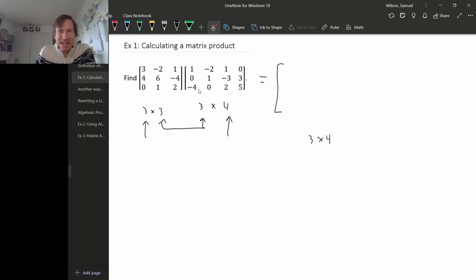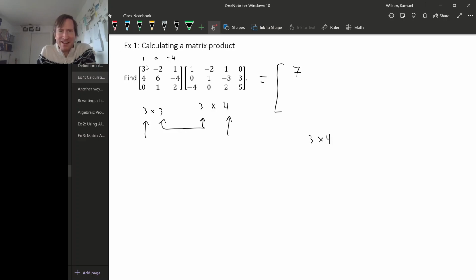Now I'm going to take my first column, 1, 0, 4, tip it sideways, and then sweep it down. So 3 plus 0 plus 4 is 7. And then go down to the next one. 1 times 4 is 4 plus 0 times minus 1, 6. This is a 4. I'm sorry, this should be a minus 4.